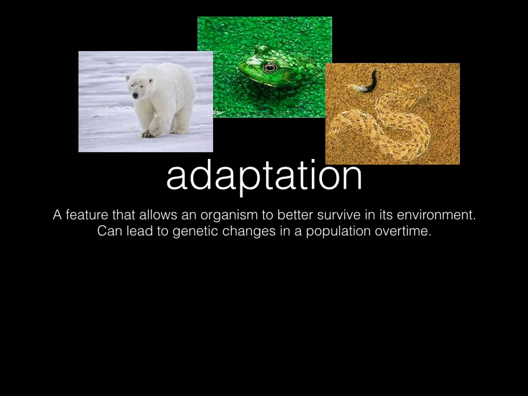That's not saying that a certain organism within a species is changing, because that's not true. Just the organisms in a species that have better adaptations to survive in that changing environment are going to reproduce more, and so gradually that species will start to change.